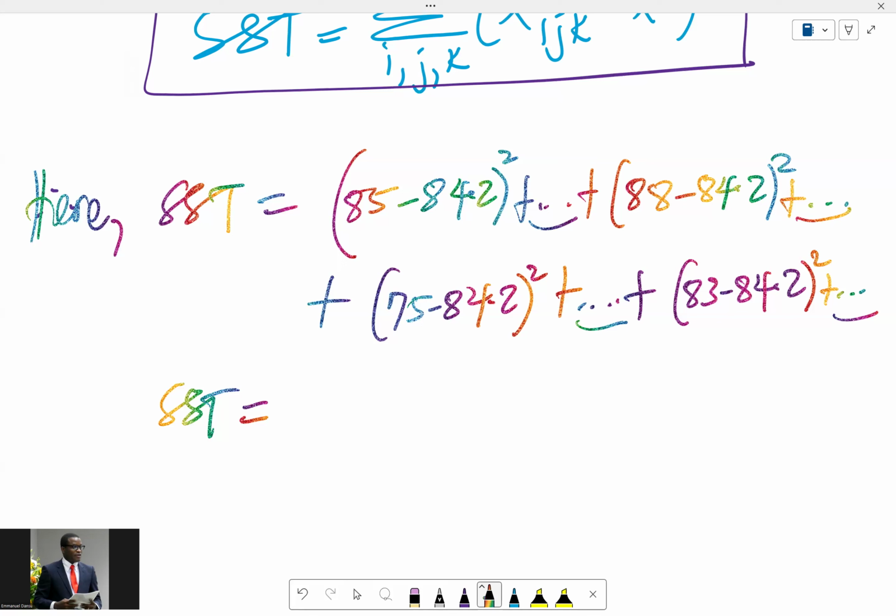Okay, we are going gradually. 82, plus this again. So after 82, we have 77. 77 minus 84.2. Then after that, we have 83 minus 84.2 all squared.